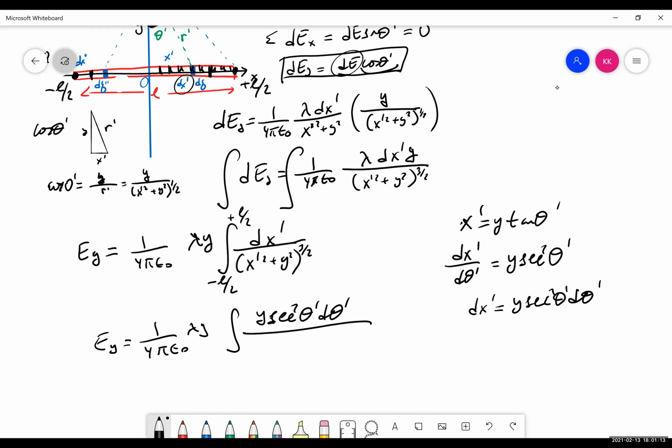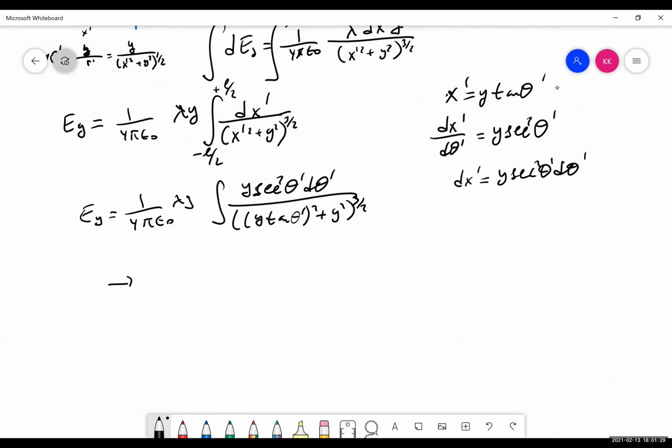Well, now what I'm saying is that x prime is y tangent of theta prime, so it becomes y tangent of theta prime square plus y square to the 3/2. All right, so, continue, 1 over 4 pi epsilon naught lambda times y.